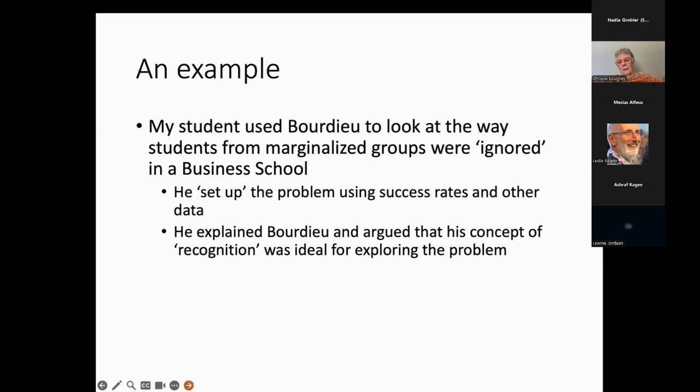So this concept of recognition told us a lot about what was happening in the classroom. And the article was on an argument for the theorist, Bourdieu, and for his concept to tell us a lot more about teaching and learning in higher education. Can you do something like that? My student's article is now in press, as they say.